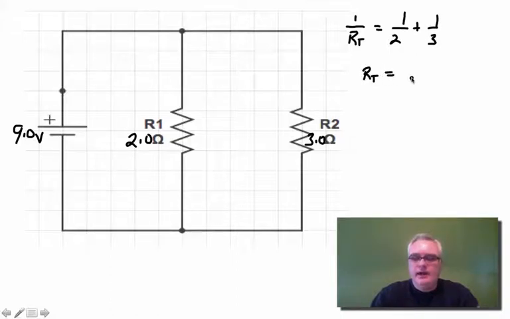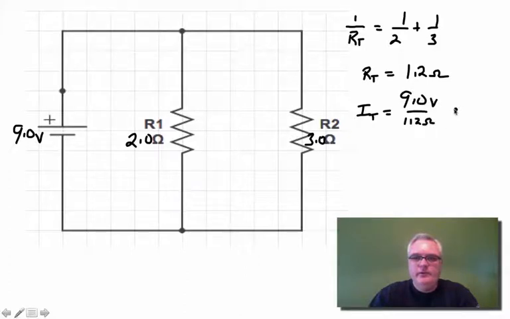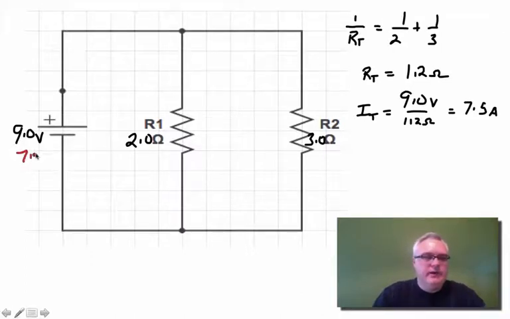They have a combined resistance of only 1.2 ohms. So when I find my total current, I take my 9 volts, divide by 1.2 ohms, and I find that I have 7.5 amps of current flowing through this circuit. Okay, so again, 7.5 amps being produced by the battery.